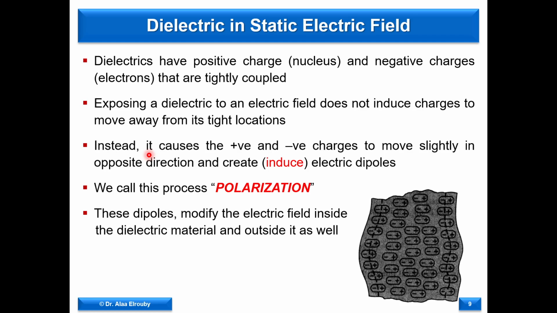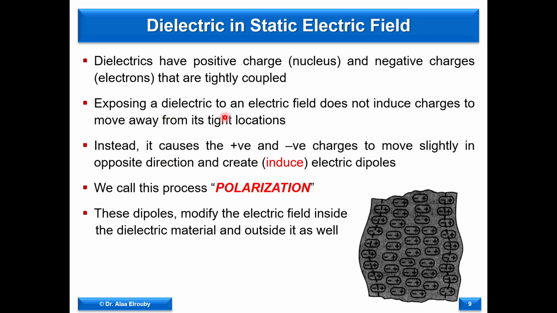Two identical charges of opposite polarity are coupled to each other at a very small distance, and those two charges are the electron charge, which is negative, and a corresponding positive charge of positron inside the nucleus.